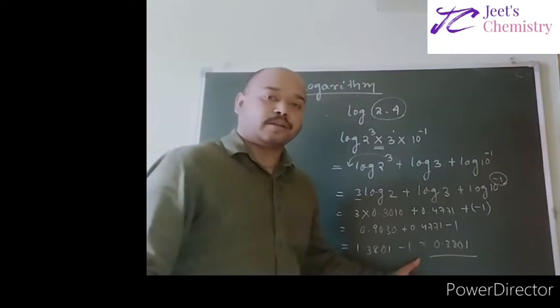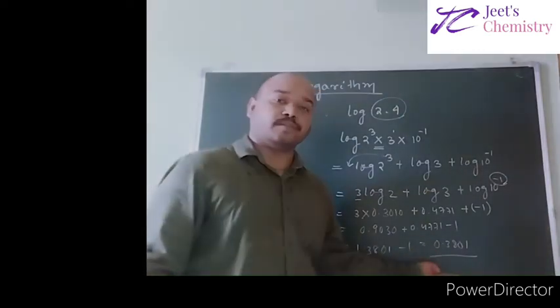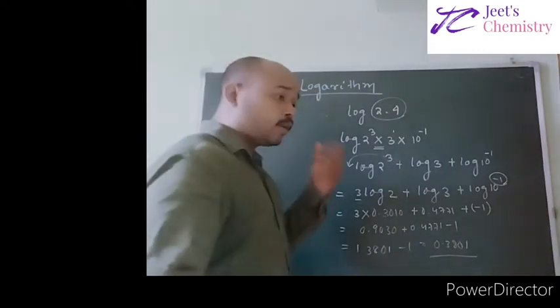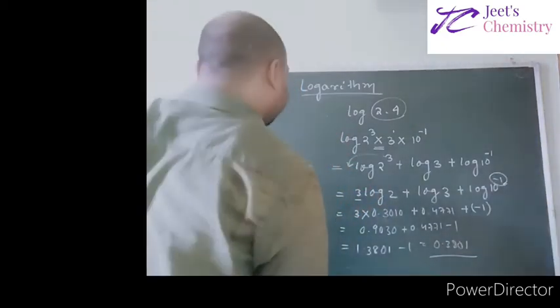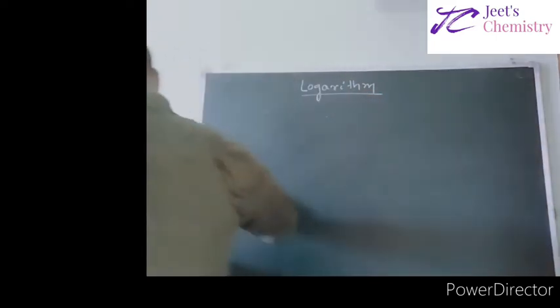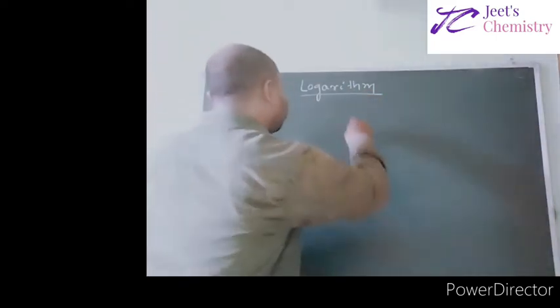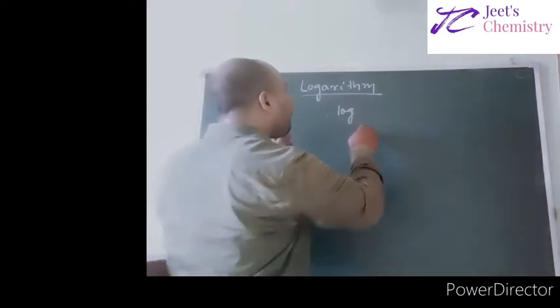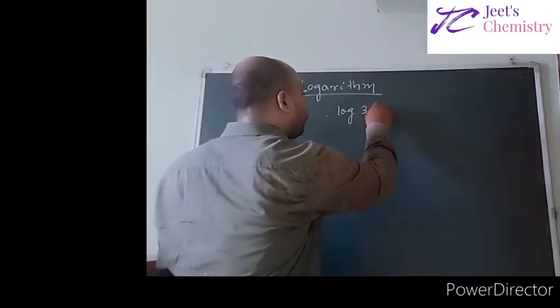Check with your calculator, you will get a close value. Okay, now consider it is giving some odd numbers. Consider it is giving log 3.9.